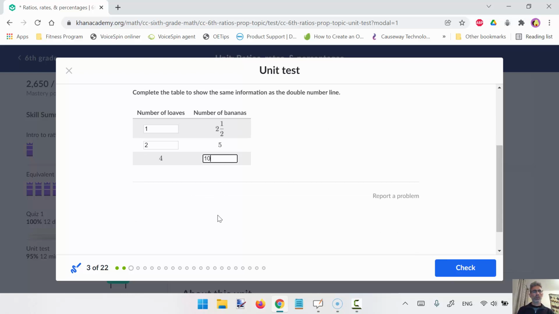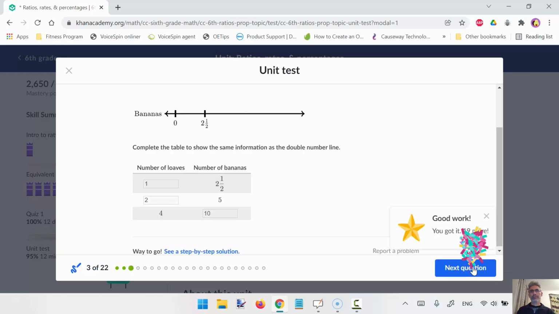Yeah. We need 5 bananas for 2 loaves, and when we go from 2 to 4, we multiply by 2.